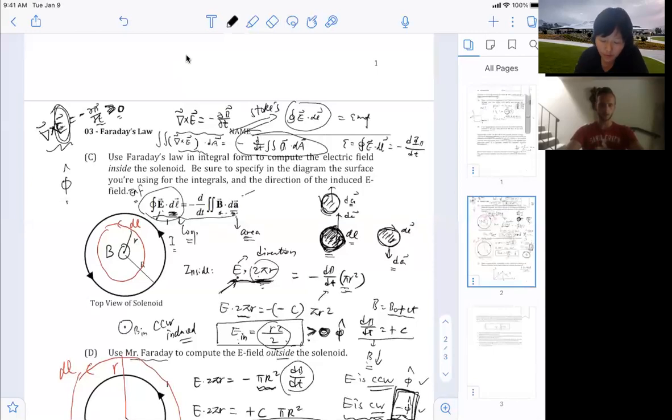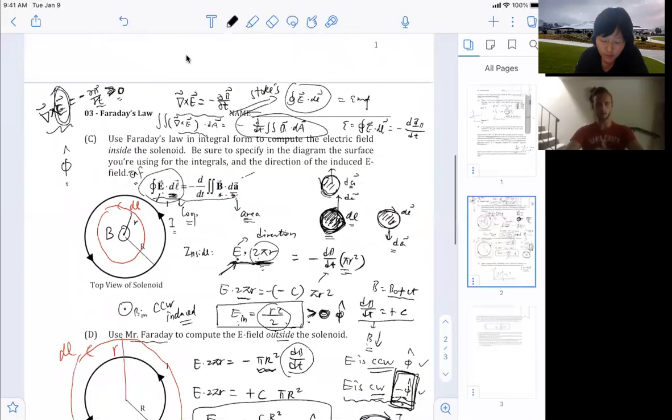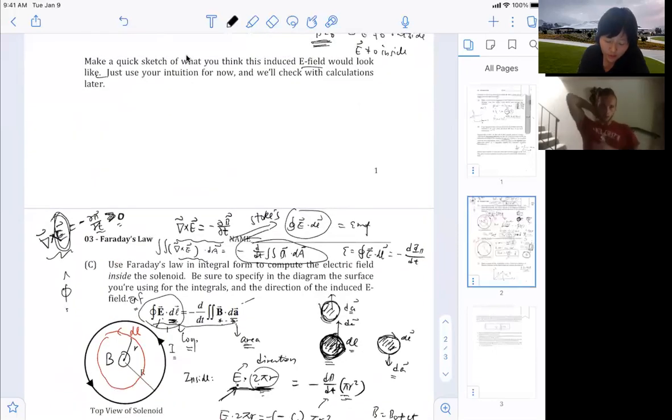Or if you don't like this, we did this in class. We said E is proportional to something negative, dI/dt, in the phi hat direction. So if everything is confusing, you can always go to this equation.